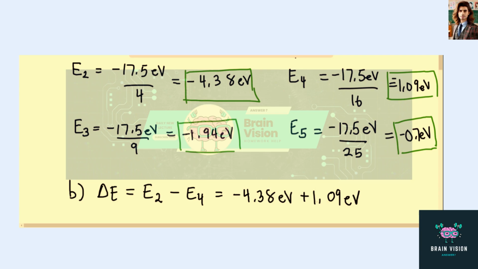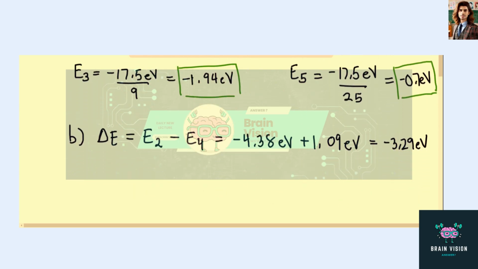And so for that, we get a value of negative 3.29 eV. As I said previously, the atom is losing this energy, the negative 3.29 eV, so the photon is going to carry away positive 3.29 eV.